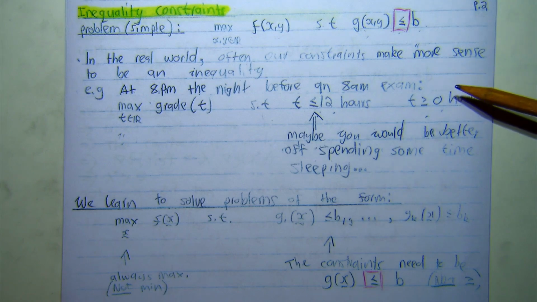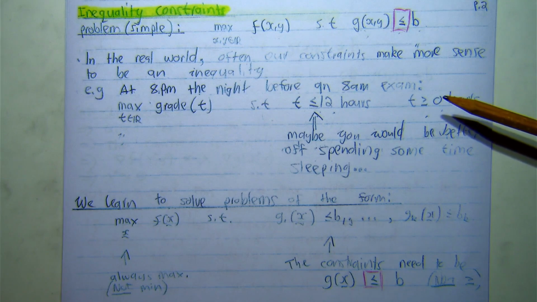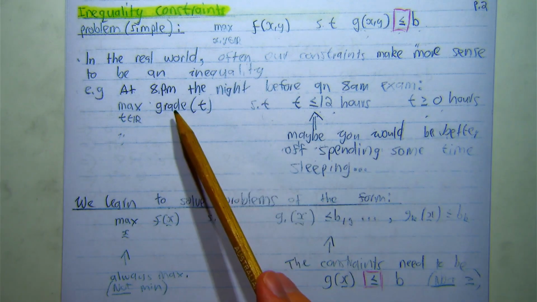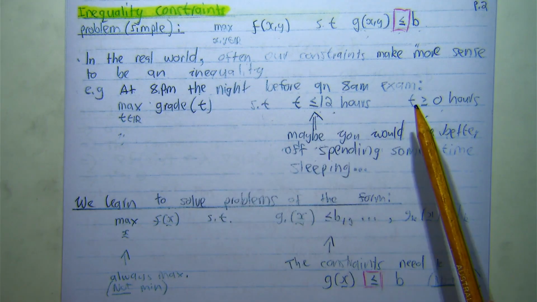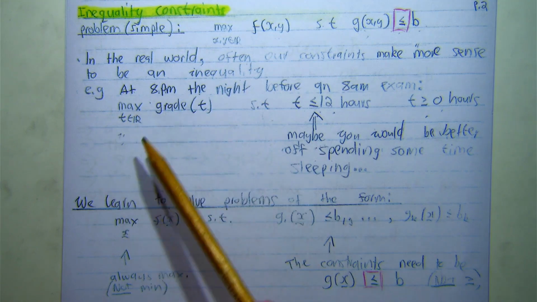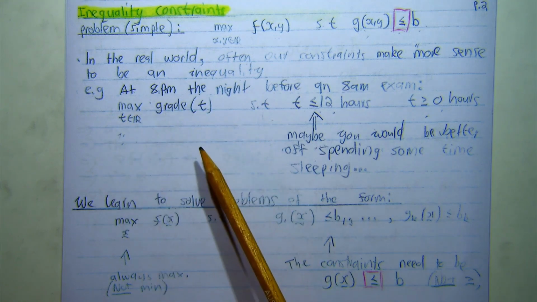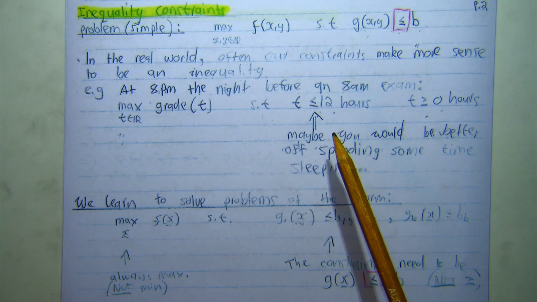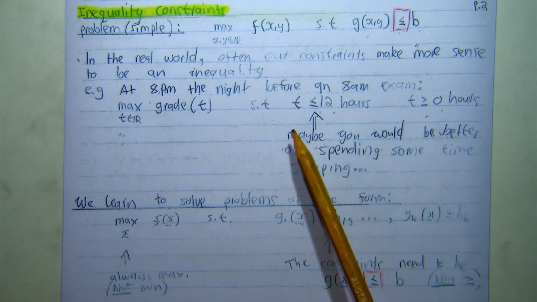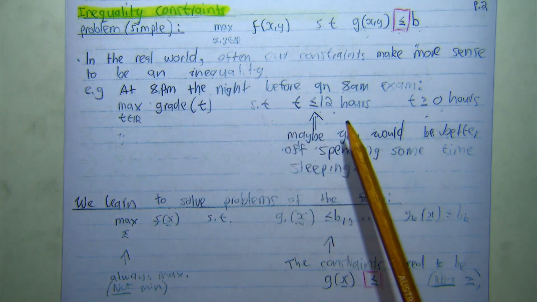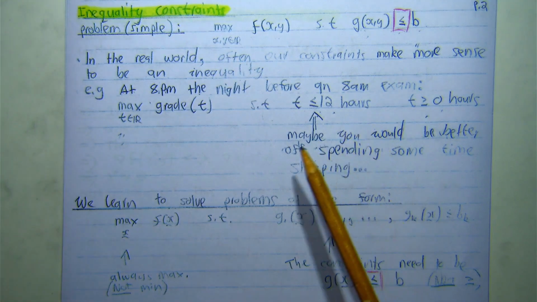In the real world, often our constraints make more sense to be an inequality constraint. For example, if it's the night before an exam, it's 8 p.m. and the exam's at 8 a.m., you're usually trying at this point in time to maximize your grade. And you can choose how long you spend studying for that exam, which is up until 12 hours if you just pull an all-nighter and you keep studying right until the moment you walk in.